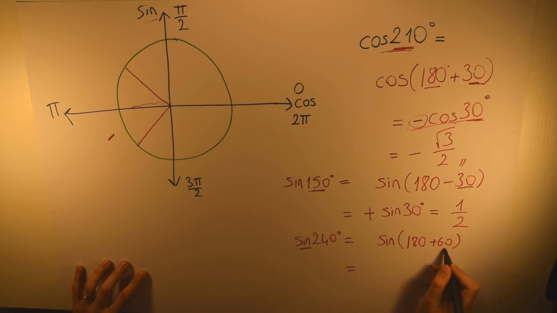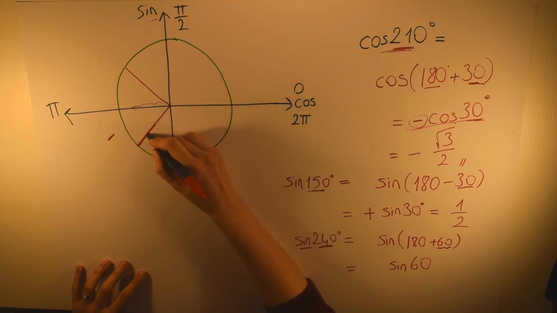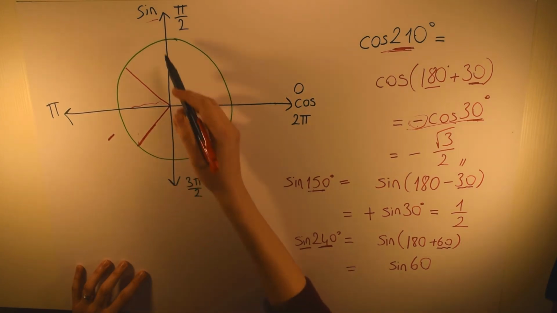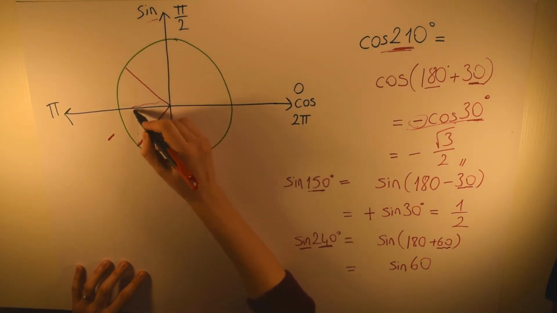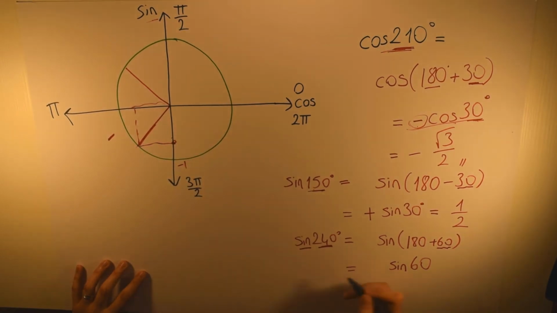So from here, I need this part again. So this will be something sine 60, but is it negative or positive? Let's see. 240 is somewhere here, okay? And in this quadrant, sine is negative, right? Because this is our sine, and yes, here it is negative because here is minus 1, so it will be minus sine 60.